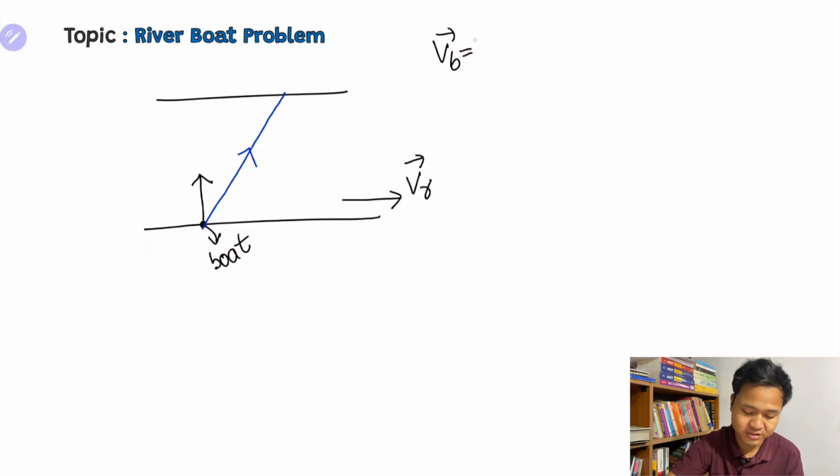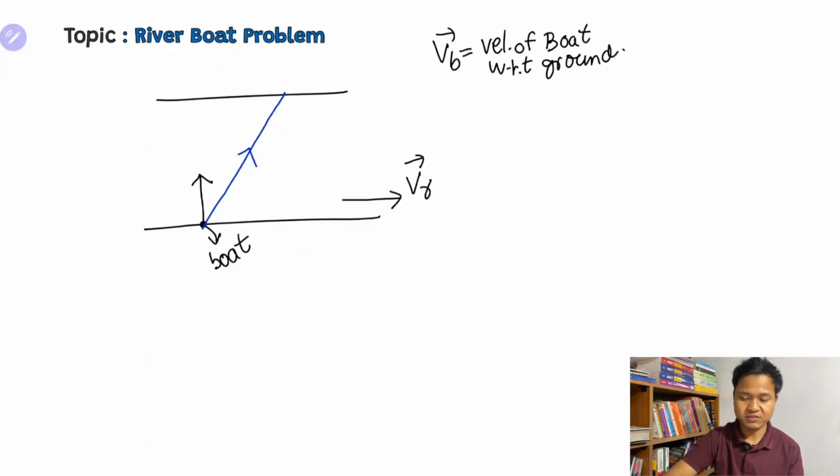Here when I write VB, this is the velocity of boat with respect to the ground frame. If you're standing on the ground and looking at the boat, you'll see that the boat is moving along this path. So this is the velocity of boat.